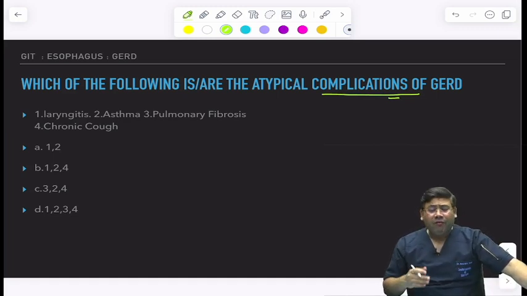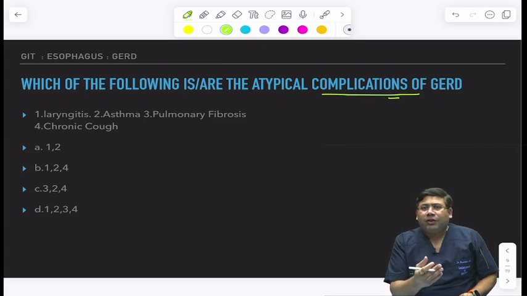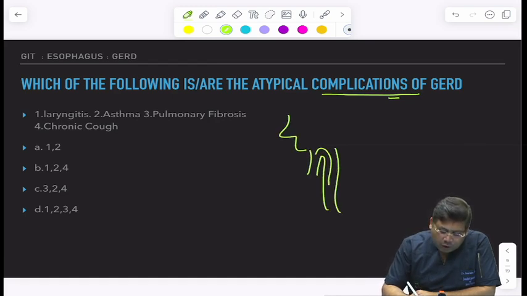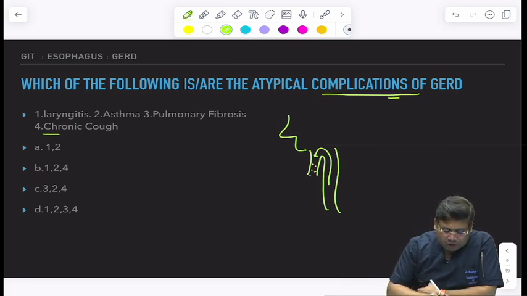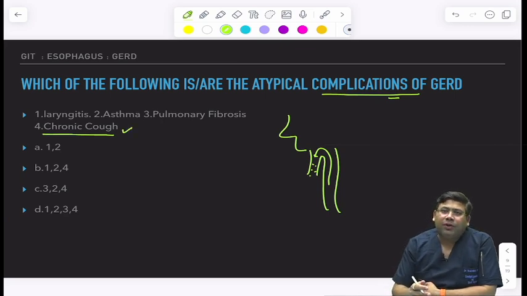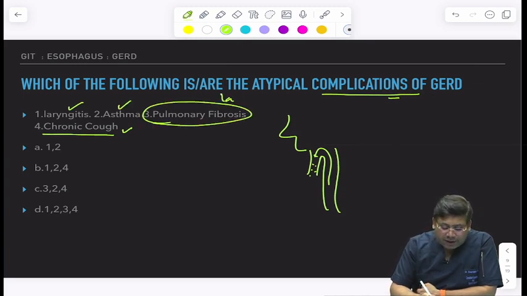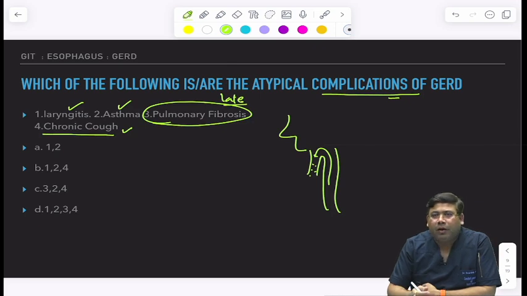When we talk about the typical complications, it is because of the reflux. Now, sometimes the reflux might enter into the trachea also. When it enters the trachea, it will cause a nagging cough. It will cause inflammation and related laryngitis, asthma, and in late stages it may cause interstitial lung disease or pulmonary fibrosis.